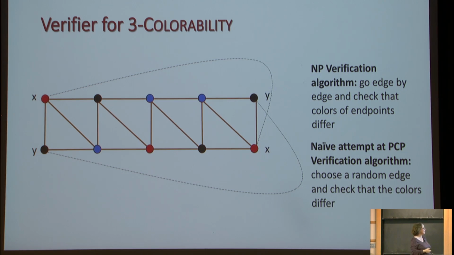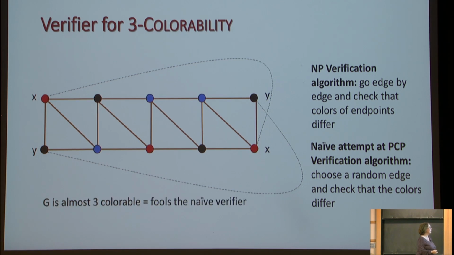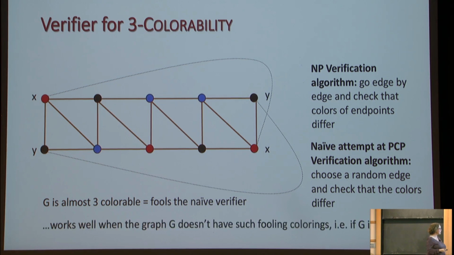So if you were attempting to construct a PCP verifier to check three-colorability of this graph, a naive thing to do would be to just expect a proof, a coloring of this graph, check a random edge, and you would be fooled, most likely, into thinking that the graph is three-colorable. And the problem is that it's almost three-colorable. There is a coloring that satisfies almost all the edges. And that's the difficulty here.